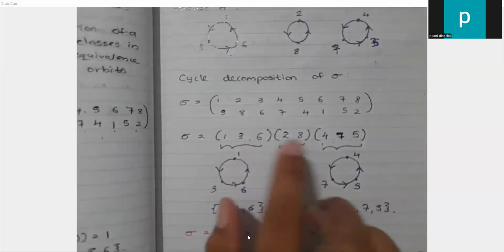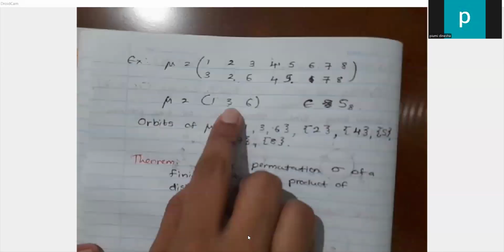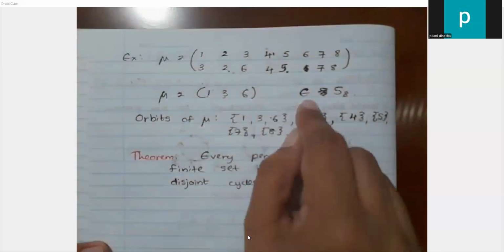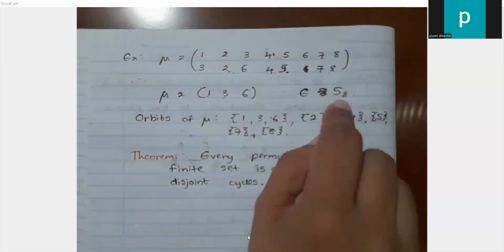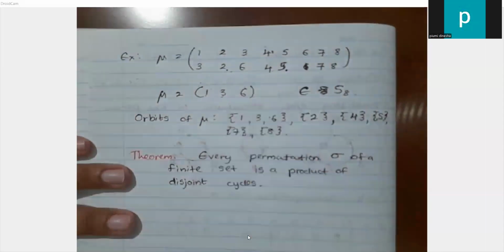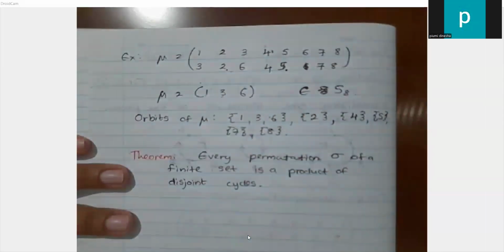Sigma can be written as a product of cycles which are disjoint. They have no element in common. Even mu is represented simply by one cycle, right? And because it's in S8, we understand that every other element that does not appear over here must be fixed.